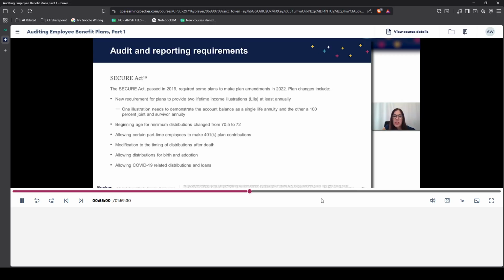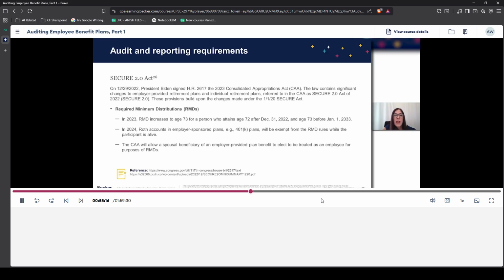The original Secure Act also allowed for distributions associated with birth and adoption. Again, some of these items took effect as of 2021 and then moving forward 2022. We now have the Secure 2.0 Act, and this was signed into law at the end of December 2022.